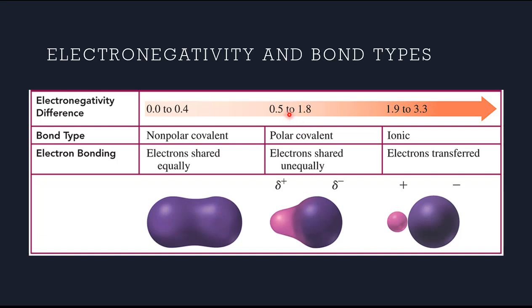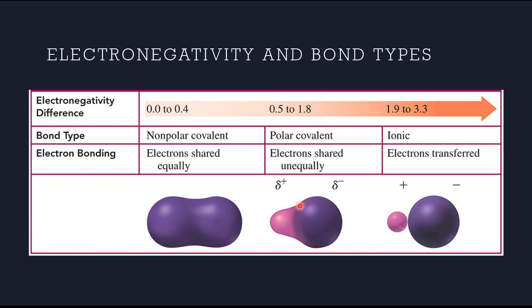However, if we have a larger electronegativity difference, in this example, they're saying 0.5 to 1.8. The other example said 0.5 to 2.0. Obviously, there are arguments between chemists as to what the cutoff is, but basically 0.5 to 2. If you have that large of an electronegativity difference, then we verge onto polar covalent.